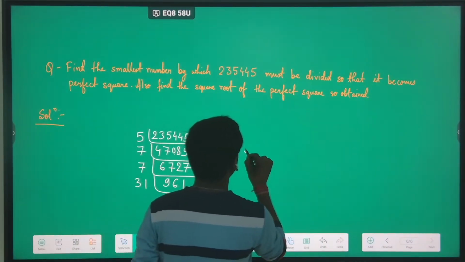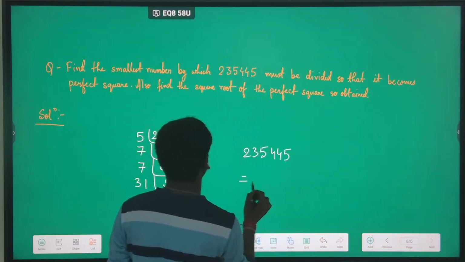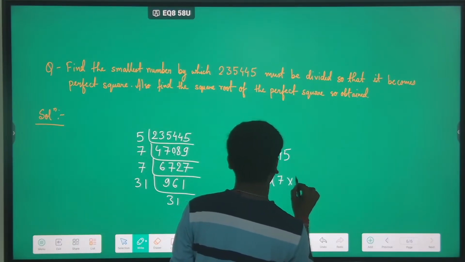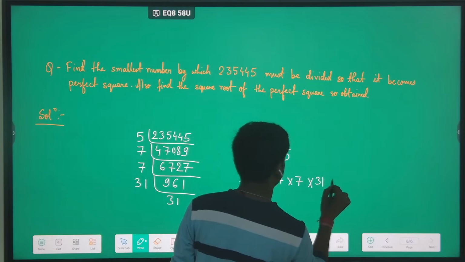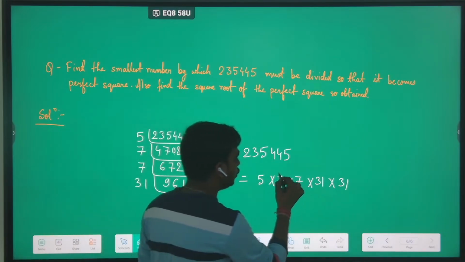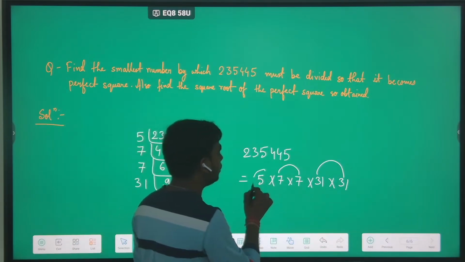So we are getting the product of 5 multiplied with 7 multiplied with 7 multiplied with 31 multiplied with 31. What we are getting is a duplicate of 7 and a duplicate of 31, but we are not getting a duplicate of 5.